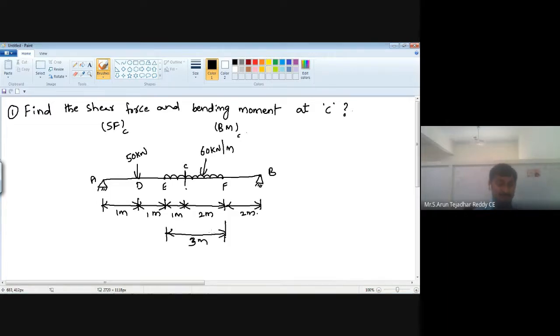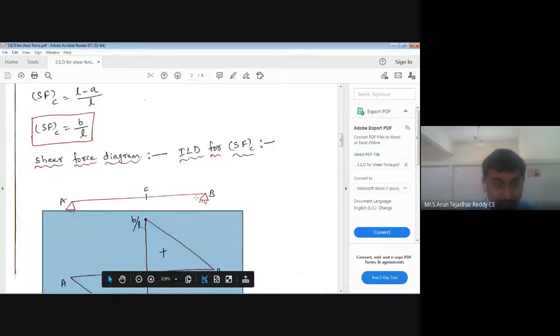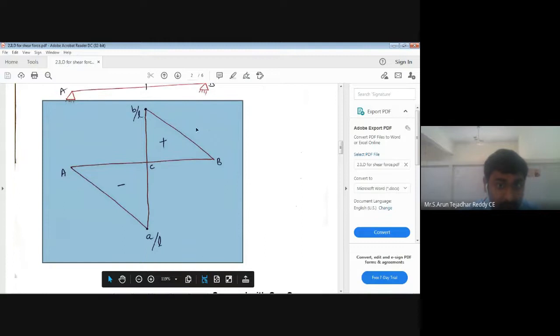From this given diagram, first of all find out the shear force at C and the bending moment at C. First of all, I'll calculate the shear force at C. That is the ILD for shear force at C. It means first of all draw the ILD for shear force diagram.